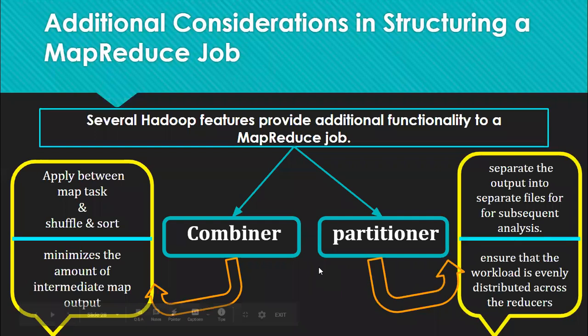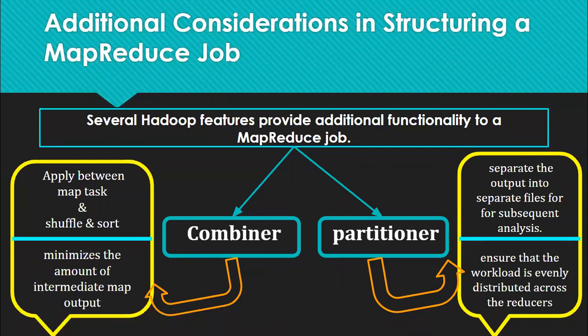Second is the partitioner. It separates the output into separate files for subsequent analysis, where you don't want to combine the output in one file. After your reducer generates the output, it is combined in one file. But sometimes the client does not want the final output in one file. They want scattered output files for another purpose of analysis.